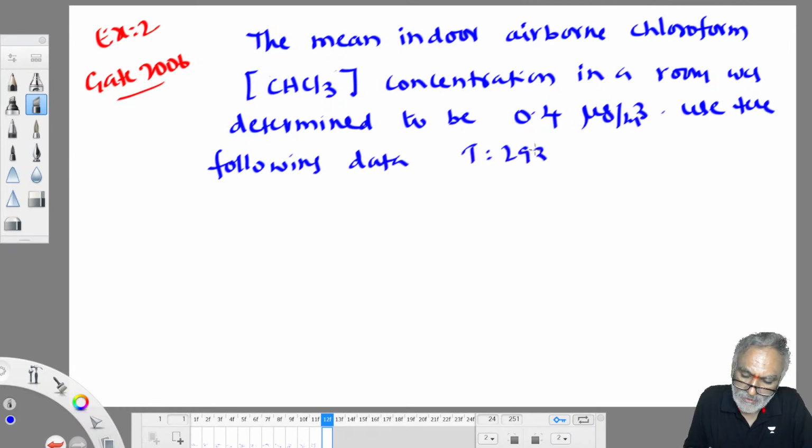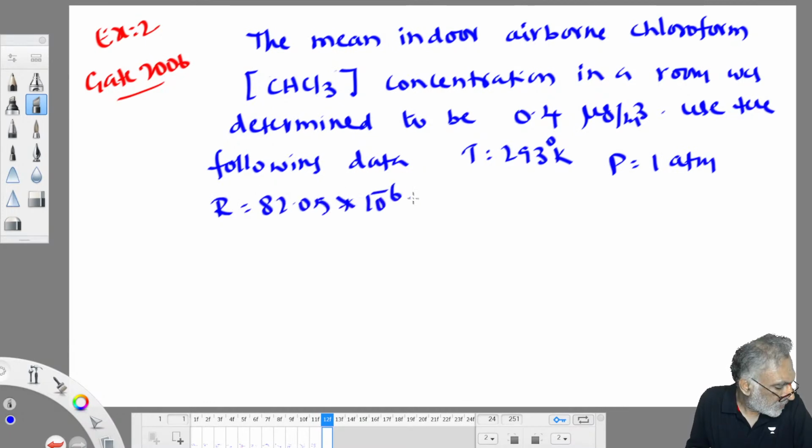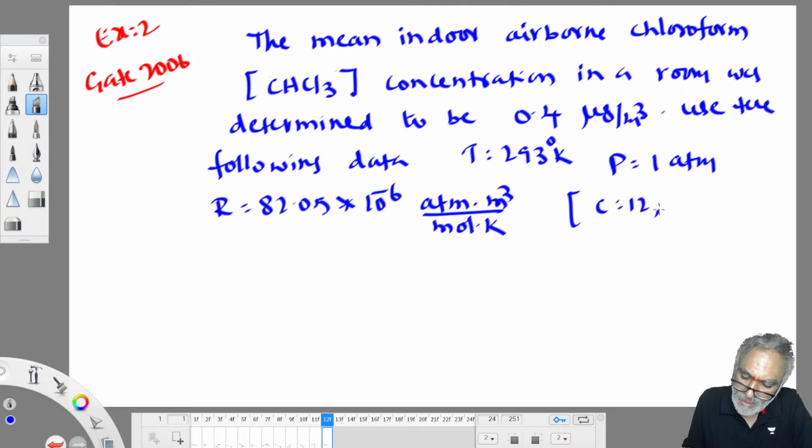T is equal to 293 degree Kelvin, P is equal to 1 atmosphere, and R is equal to 82.05 into 10 power minus 6 atmosphere meter cube by mole Kelvin, the unit of R. And atomic weights of C is equal to 12, H is equal to 1, Cl is equal to 35.5.